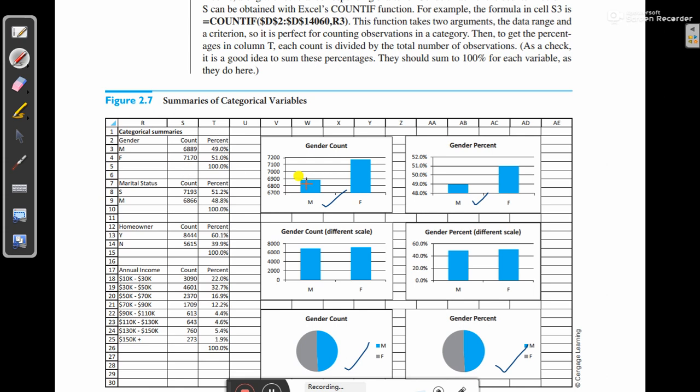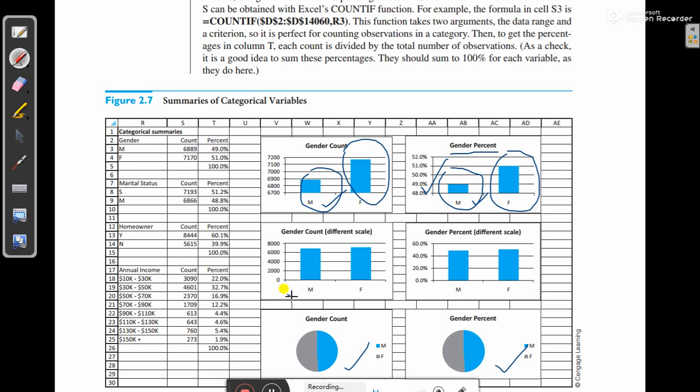We are trying to analyze the information. Here the total number of male is lesser, the total number of female is higher. And in this way we can make it a gender percentage, meaning how much percentage exists in the data set for male, and how much exists for female.